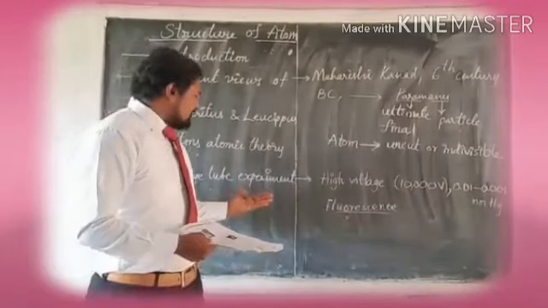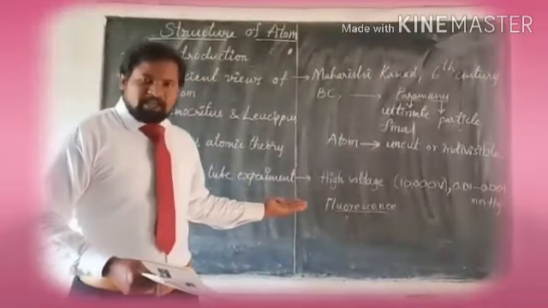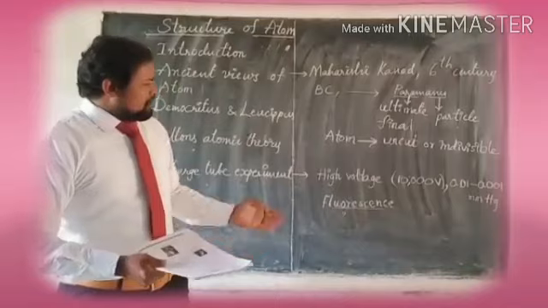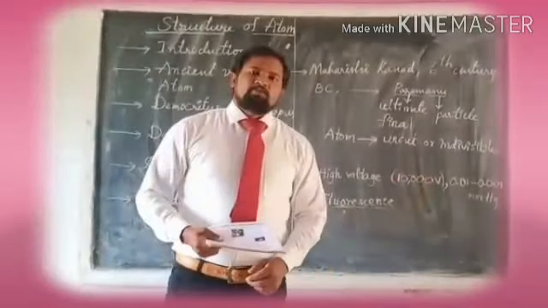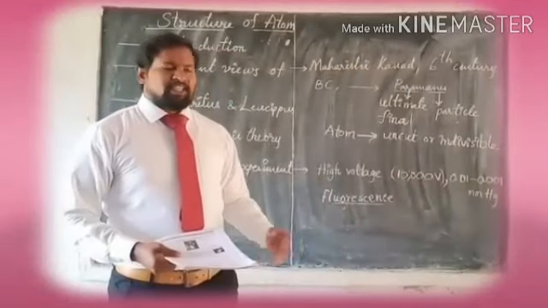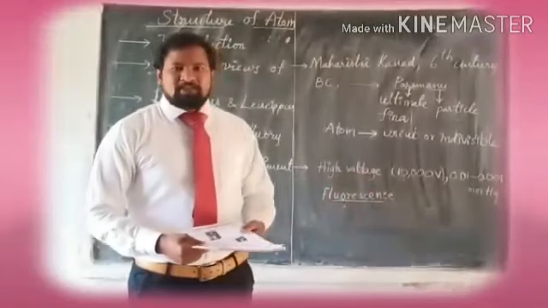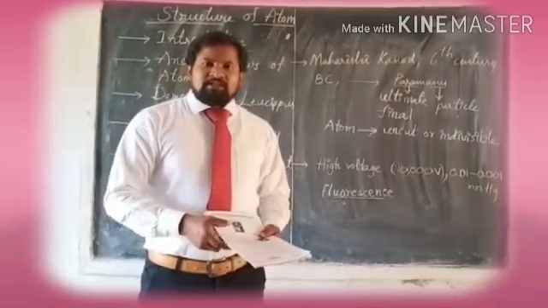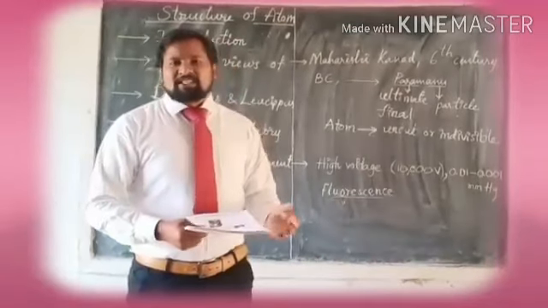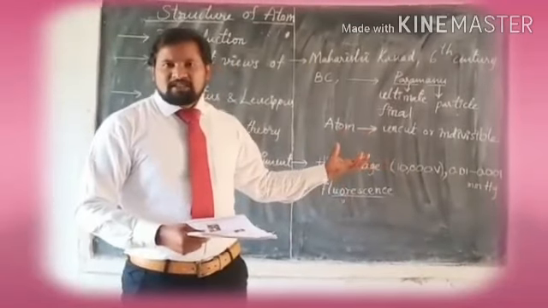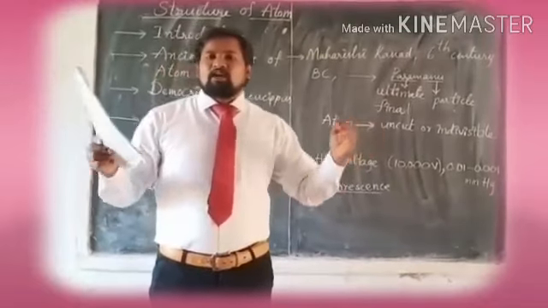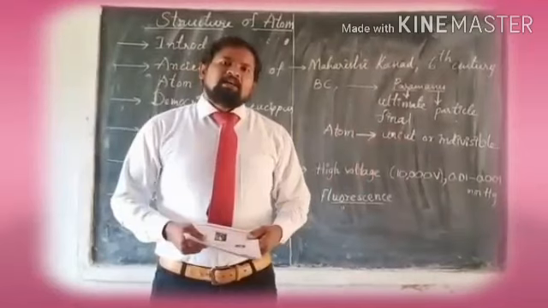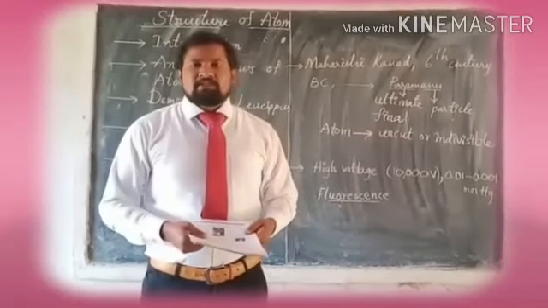What actually is this discharge tube experiment, and what were the required conditions for conducting it? Here, this discharge tube is just like a tube light. You just notice how the tube light was and how that tube was covered at both ends with metallic plates, connected to high voltage connections.